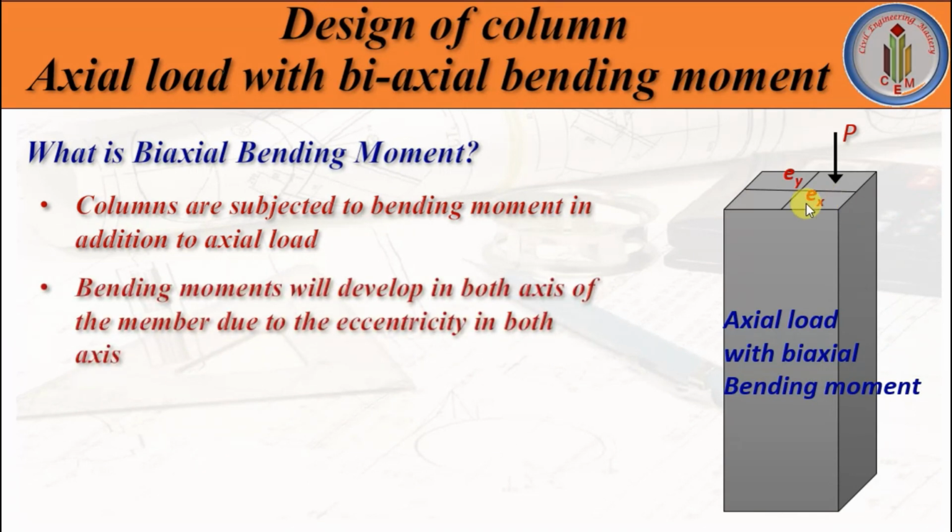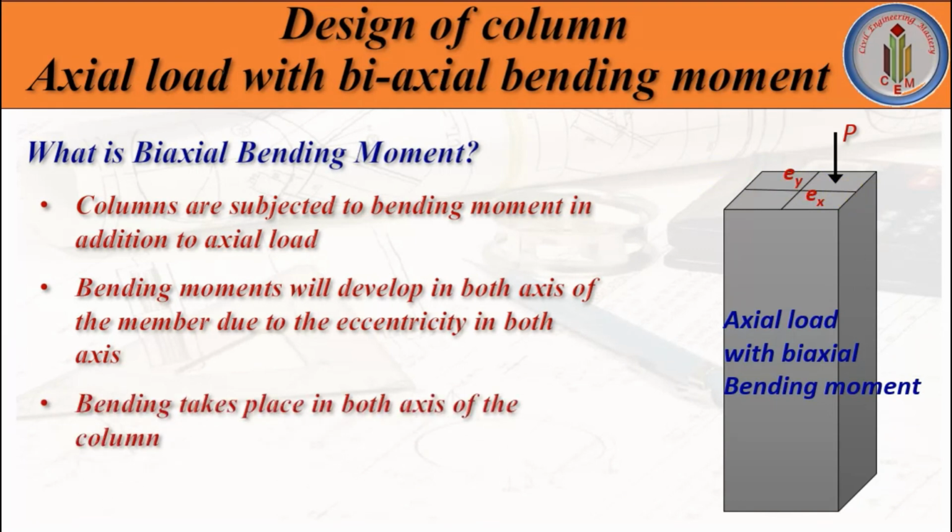In biaxial bending moment, moments will develop in both axes of the member because here we have eccentricity in both directions. So in this case, bending takes place in both axes of the column, and we get moment in the x-axis as well as in the y-axis.